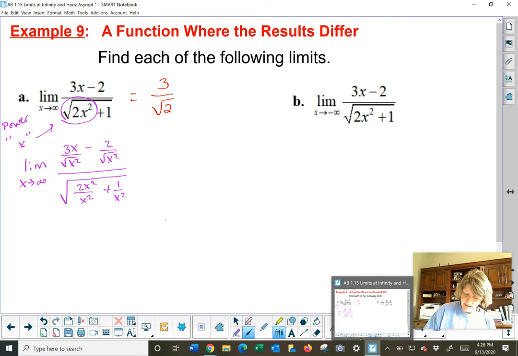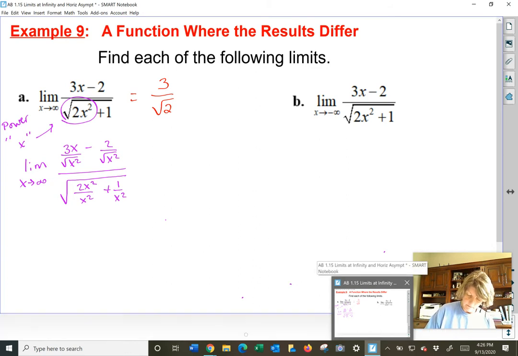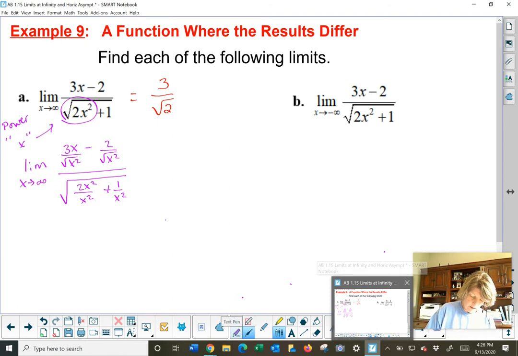Now, analyze each one individually. So this will be 3x over x. That's going to go to 3. This is going to 0. This here is going to square root of 2, and this is going to 0.